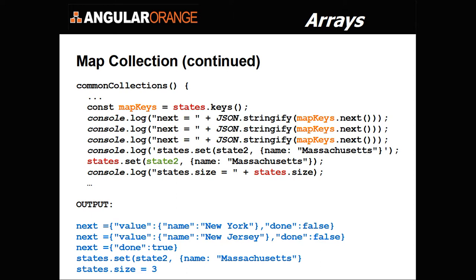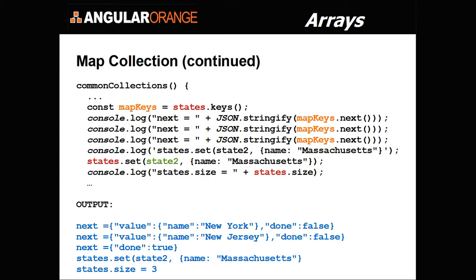As you iterate through the keys, you could log the keys, and you'll see that you have the value of the map, and it'll tell you whether it's done or not with the iteration. When you get to the last key which you had, which you pretty much deleted, what'll happen is it'll just say that done is true, and it won't show you a value.